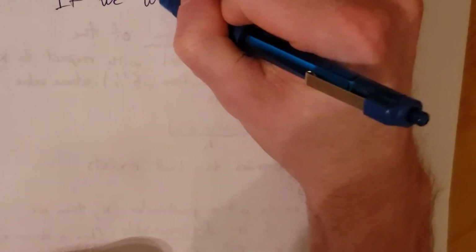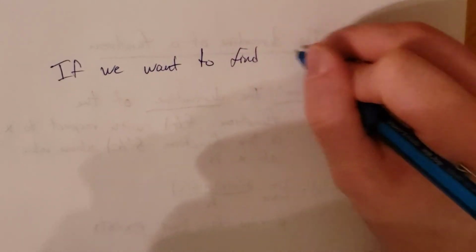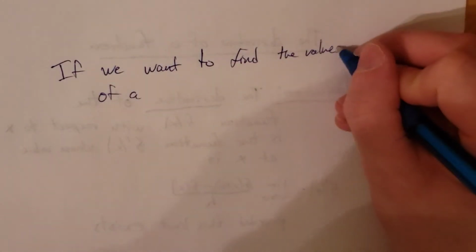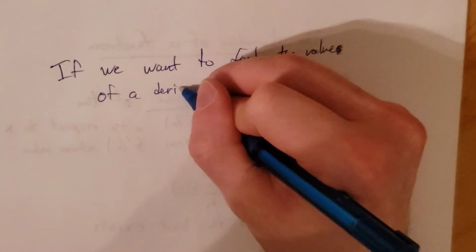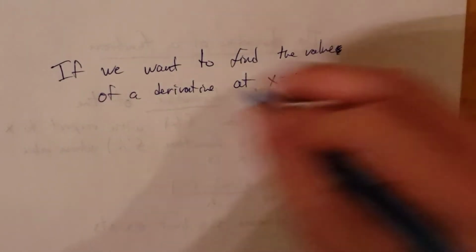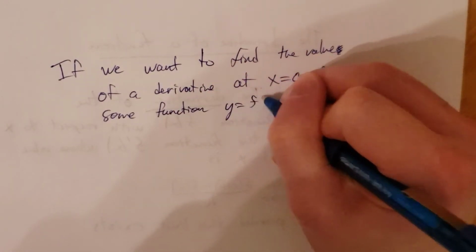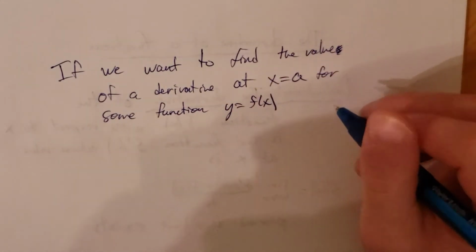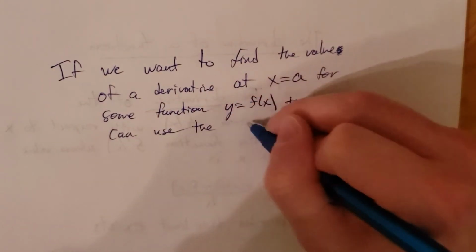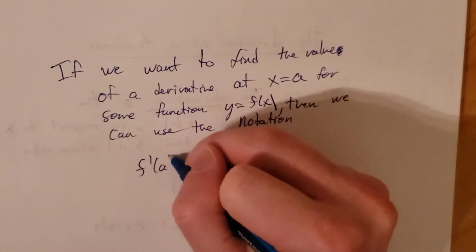If we want to find the value of a derivative at x equals a for some function y equals f of x, then we can use the notation f prime of a.